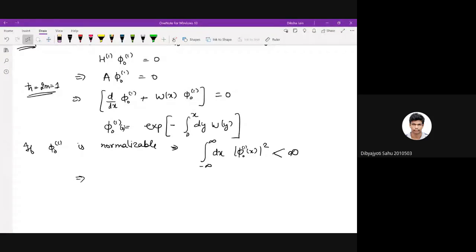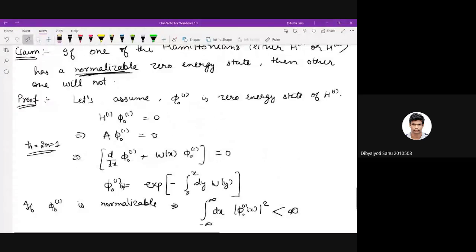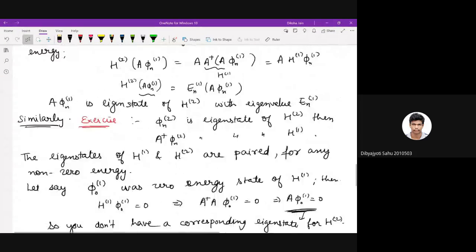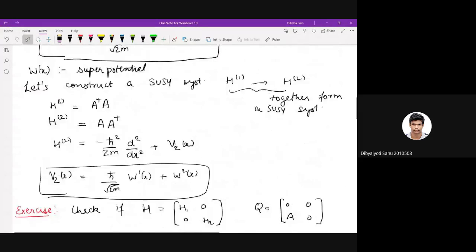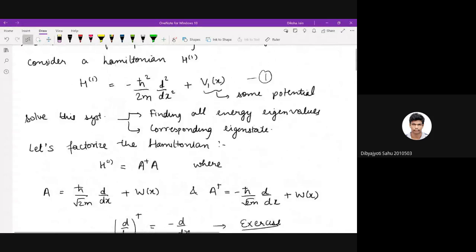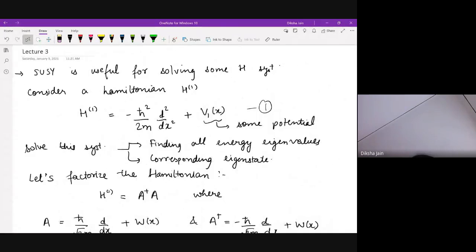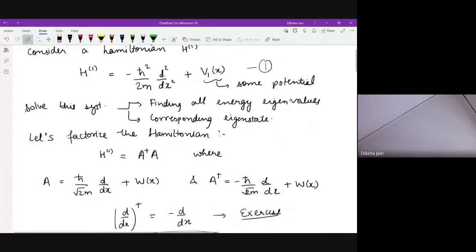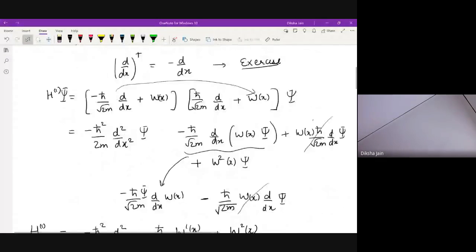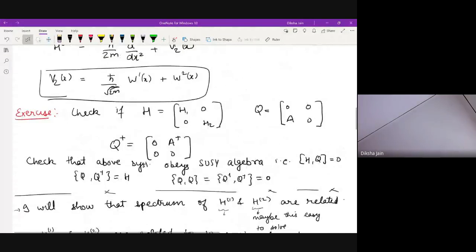If H1 has supersymmetry in it, does this whole thing really work? If H1 is by itself a supersymmetric system, then that Hamiltonian is anyway easier to solve, because all of this will work. Then you can take this capital H that I defined as your original Hamiltonian.